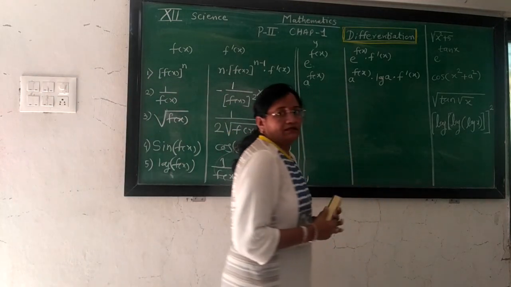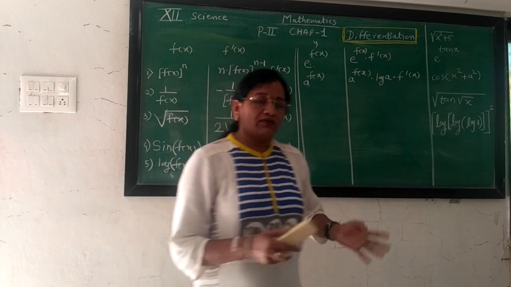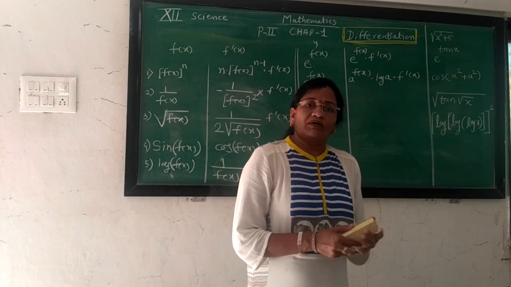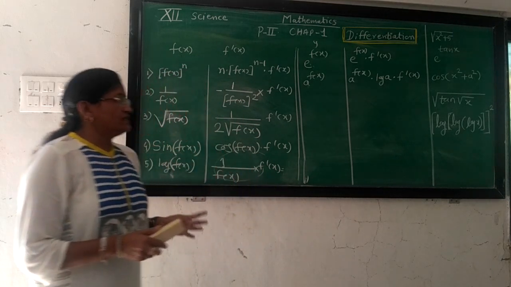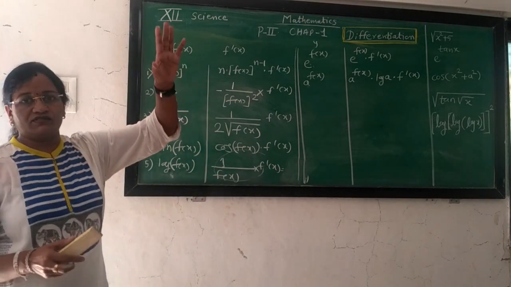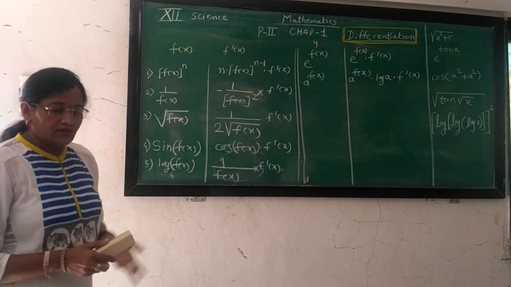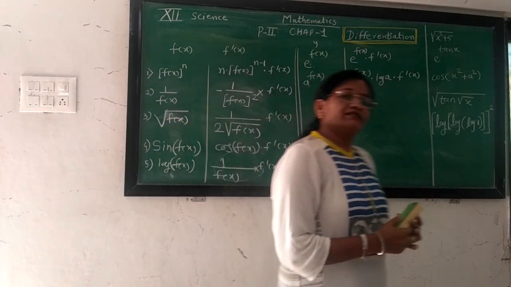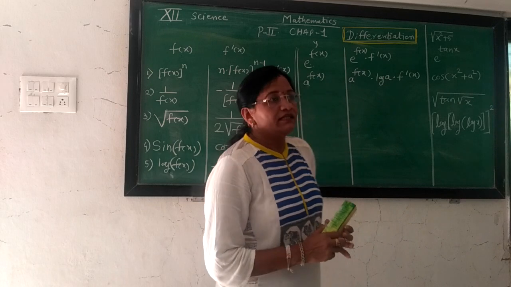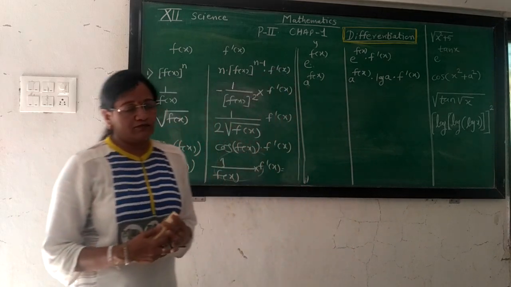Now we see the examples of derivative of composite function according to our exercise. Actually, there are two methods using the theorem for the derivative of a composite function. The second method is the direct method, and it is very useful and very simple for solving examples.